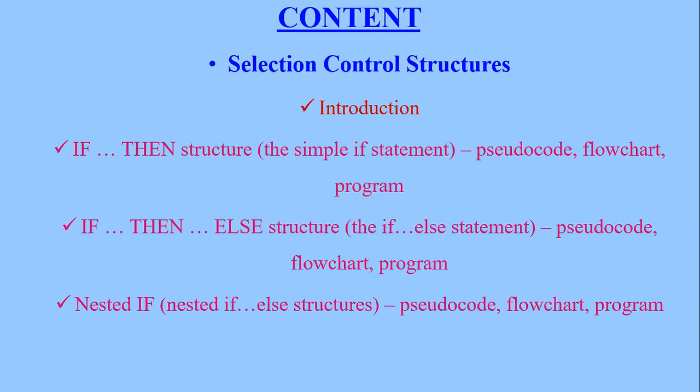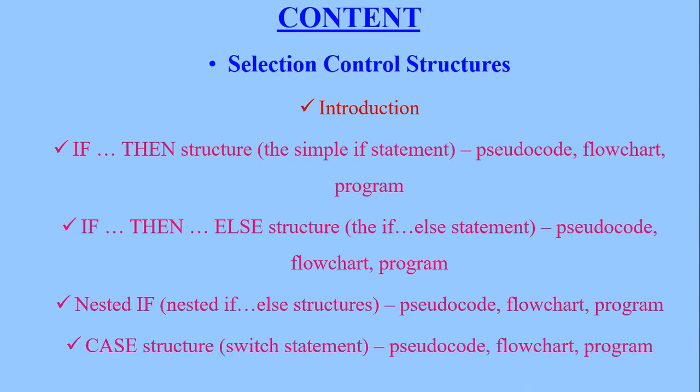And I'll demonstrate how we apply it using a pseudocode, a flowchart, and a program in C and Pascal. I'll then look at the case structure, which we also call switch in C, and I am going to demonstrate how we use it with the use of a pseudocode, a flowchart, and a program in C and Pascal.